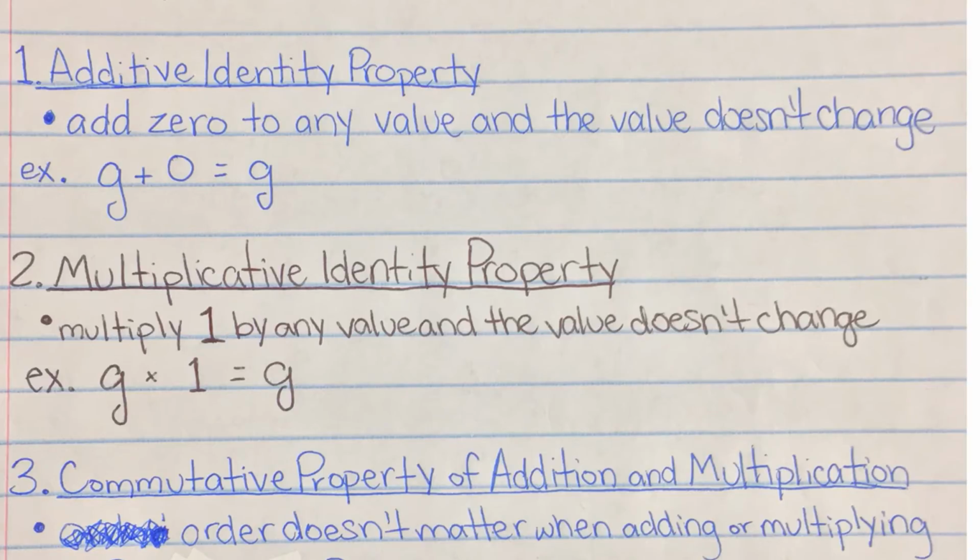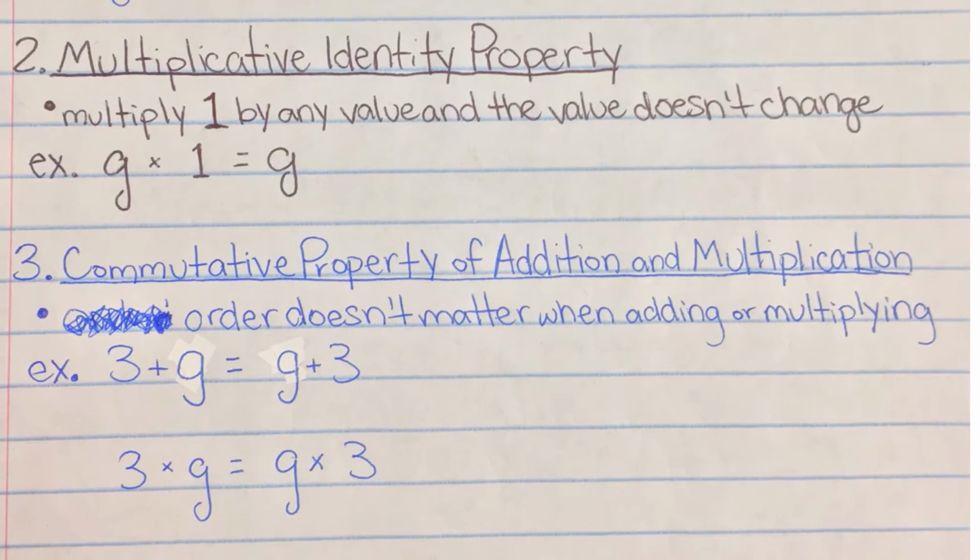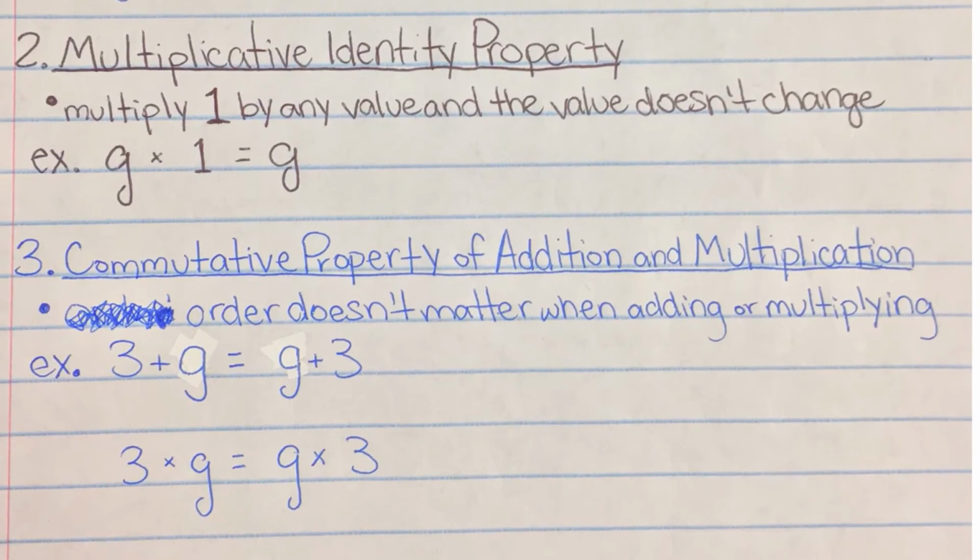Okay. The next property is pretty similar to that one, called the multiplicative identity property. Okay, so right off the bat we know from the name that it has to do with multiplication, and same, it has to do with the identity of our first value not changing at the end. So the multiplicative identity property looks like this. If you multiply 1 by any value, the value doesn't change.